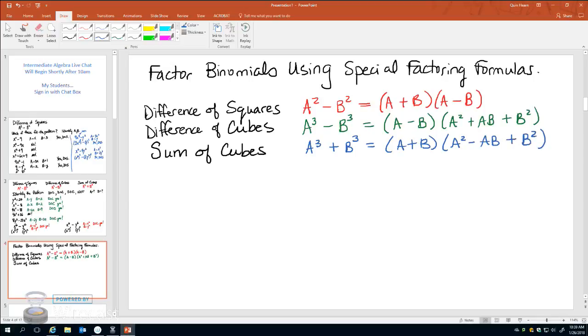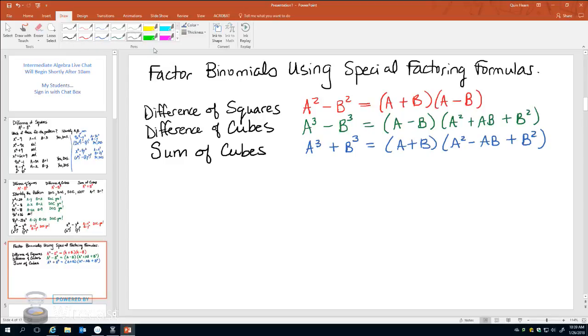So you see the sum and difference of cubes factor very similarly. We have the a, we have the b, we have the a squared, ab, and b squared, but the signs are different. So there's a nice little mnemonic device you can use to remember the signs.